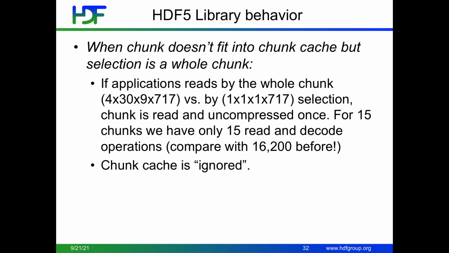And in this case, by the way, when chunks are compressed, the whole chunk is read uncompressed, immediately copied to the user buffer, and the chunk cache essentially is ignored in this particular case. So it is also reasonable, when you know that your access pattern will be by chunk, to just discard the chunk cache and disable it by setting the size to 0. You will disable the chunk cache, saving application memory that the HDF5 library uses in your memory space to work with chunks.